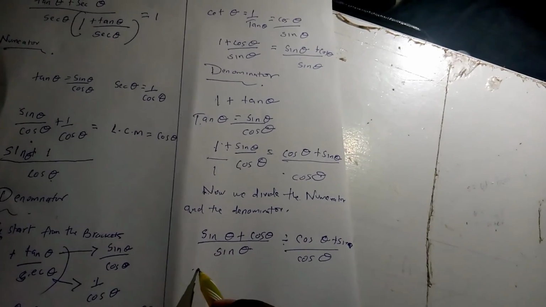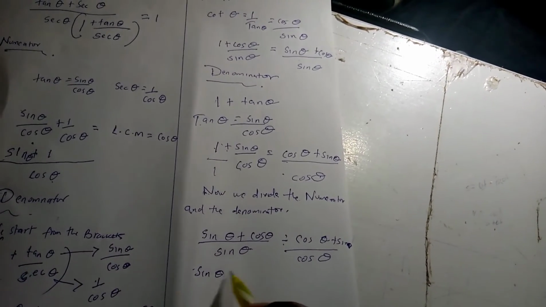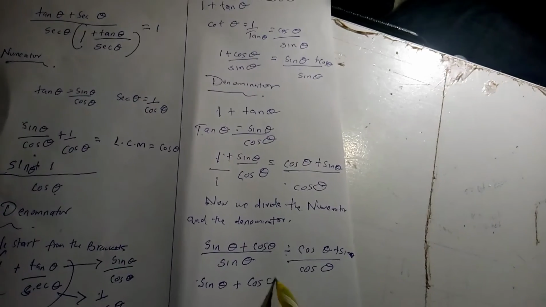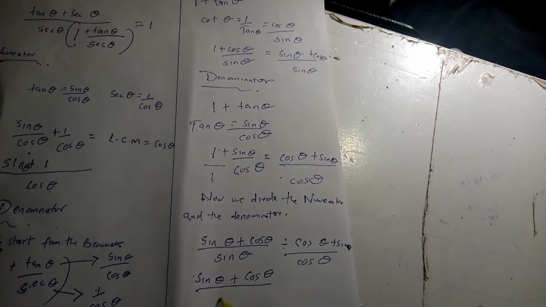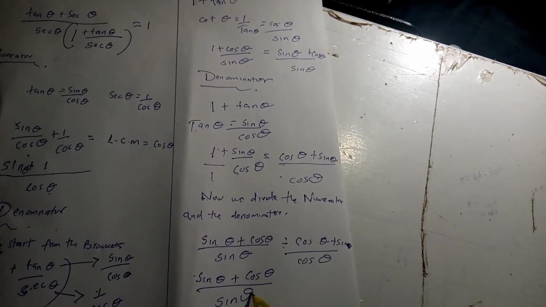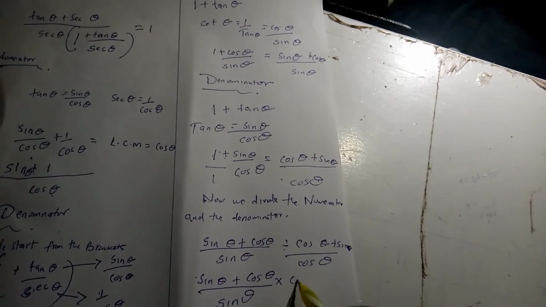So we're gonna multiply. We take the numerator to the denominator, and the denominator to the numerator. The first part will remain the same, but the second part, since we're gonna multiply, we interchange. So it will be cos theta over cos theta plus sin theta.